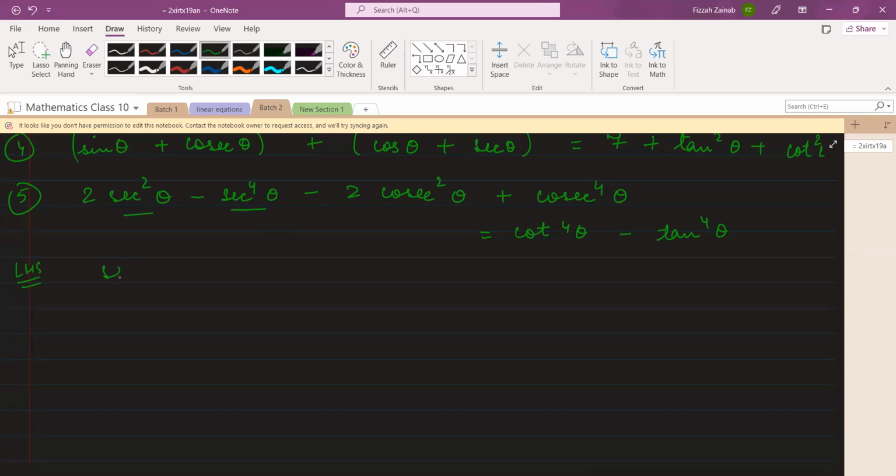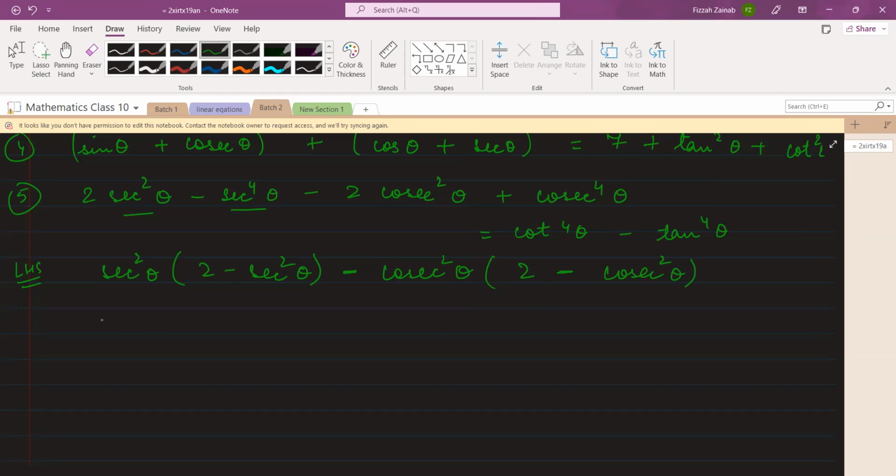So you take sec square theta common. So this becomes 2 minus sec square theta. And similarly here, you are taking a minus sign common and cosec square theta common, so the first term will become 2 and this is minus now into cosec square theta. So you have to be careful with sign.